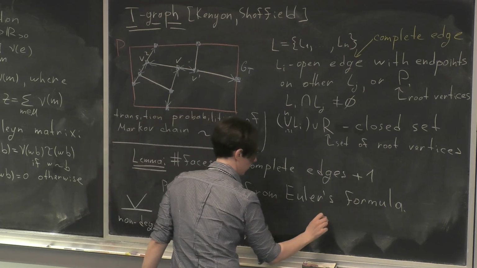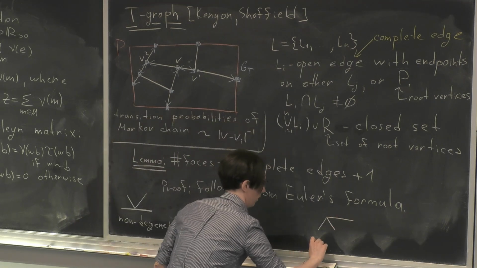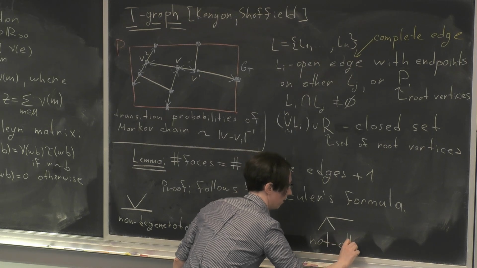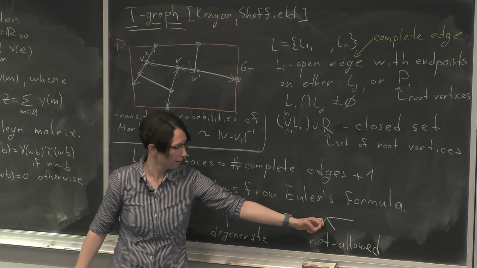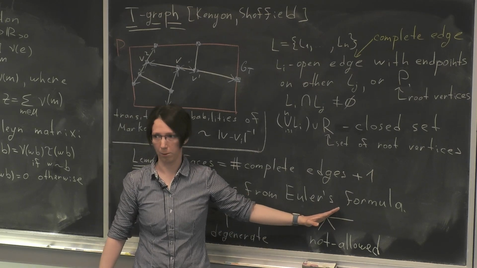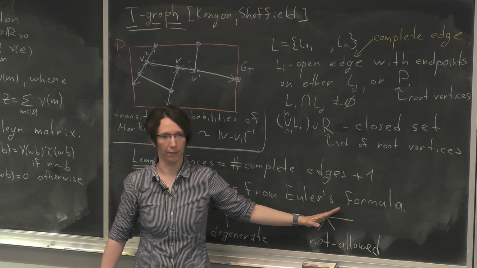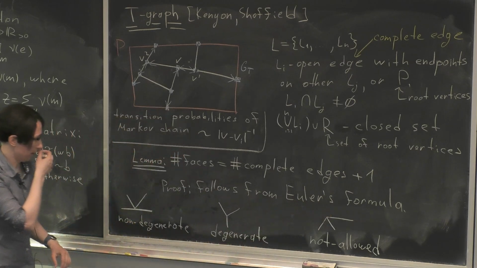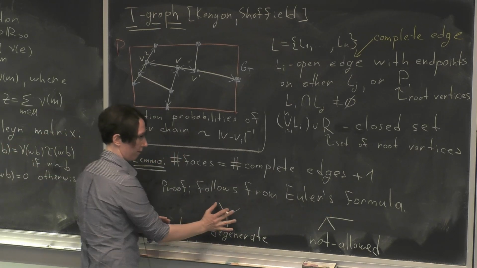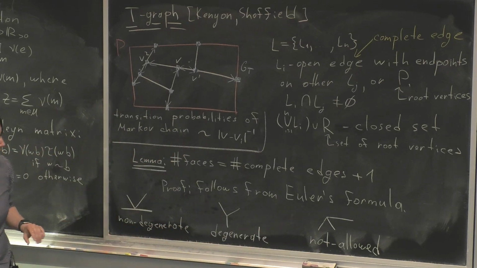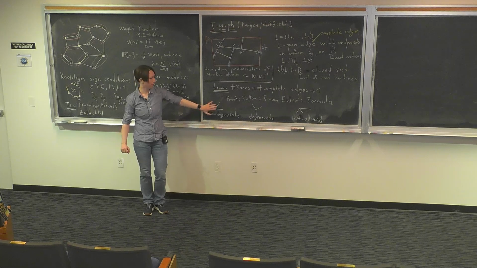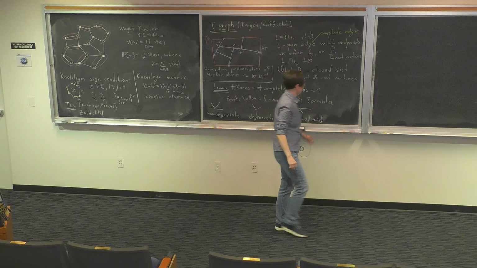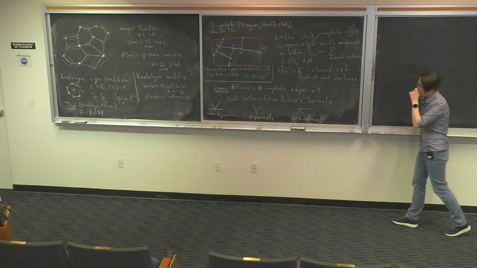However, it never happens like this, so this is just not allowed. So what is the problem with this vertex? There is a half plane with no edges at all. So this is forbidden. You never have this. But you don't need to think about these two cases today. Today we're going to deal only with non-degenerate T graphs, so all vertices look like T.